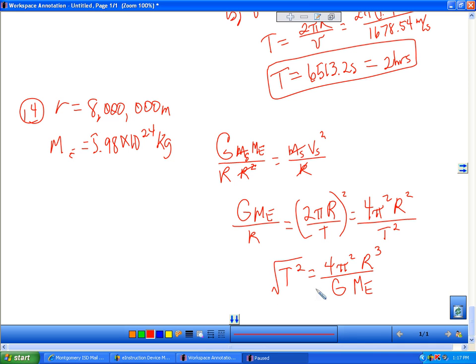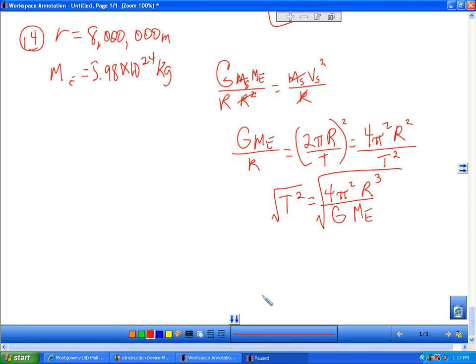I want t, not t squared, so I'm going to take the square root of both sides, so that's not a big deal. We know how to do that. So t is going to be equal to the square root of 4 pi squared. R was my 8 times 10 to the 6th meters. I'm going to cube that. And then I want to divide it by 6.67 times 10 to the negative 11th Newton meter squared over kilogram squared.